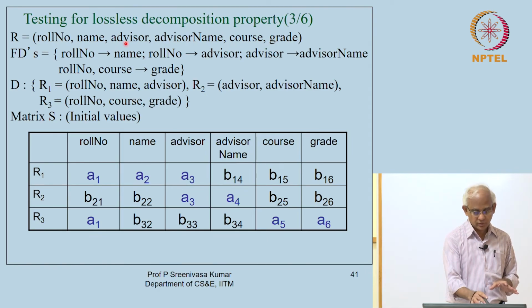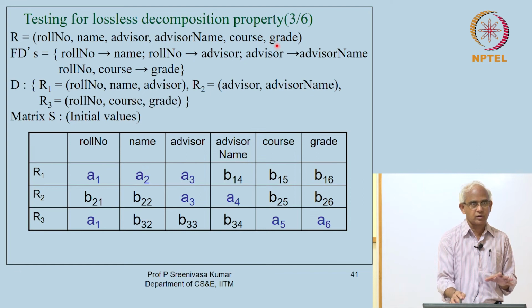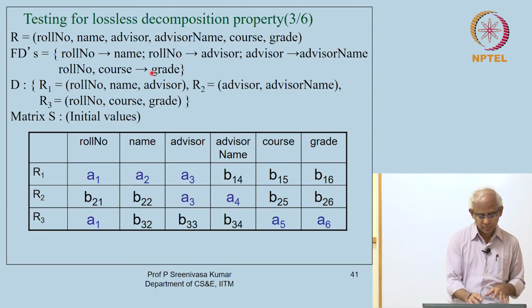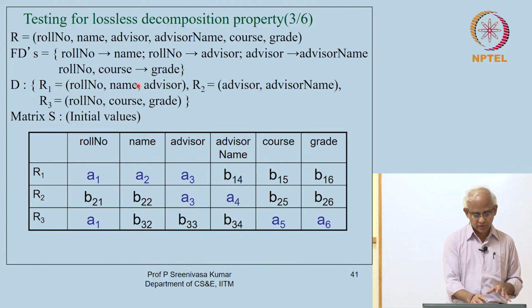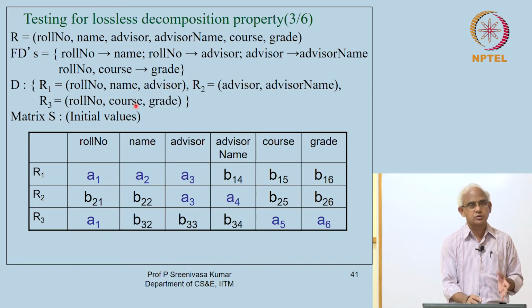If you check the normal forms based on these functional dependencies, it will not be in 3NF etc. So it has trouble. So let us consider this decomposition, which is a pretty logical decomposition, because R1 has information about students, R2 has information about advisors, and R3 has information about students and courses. So this is a very neat decomposition of the original scheme.